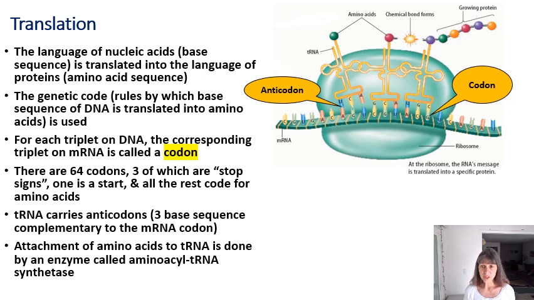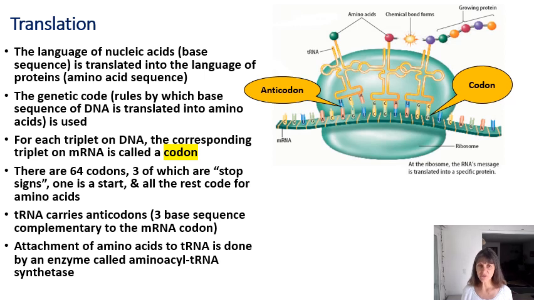The next part of building a protein is translation. Translation is literally taking the language of a sequence of nucleic acids and translating it into a sequence of amino acids. For each triplet on the DNA, the corresponding triplet on the final messenger RNA is referred to as a codon.